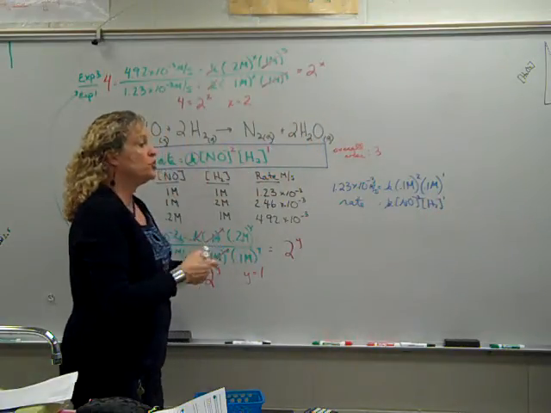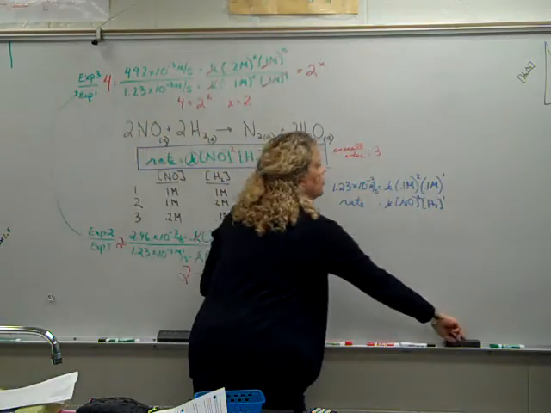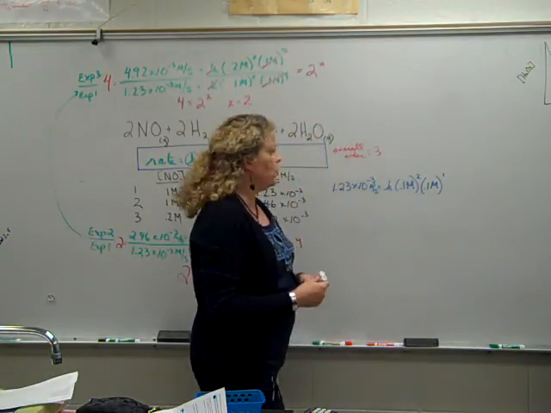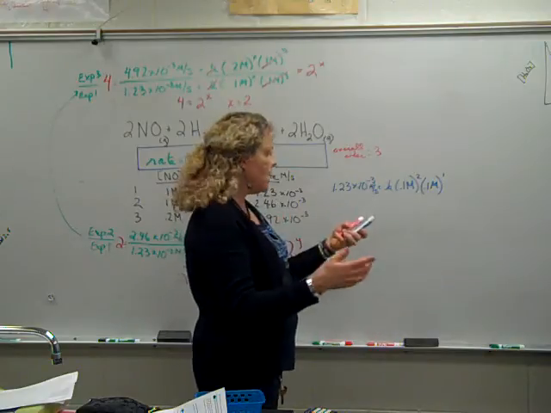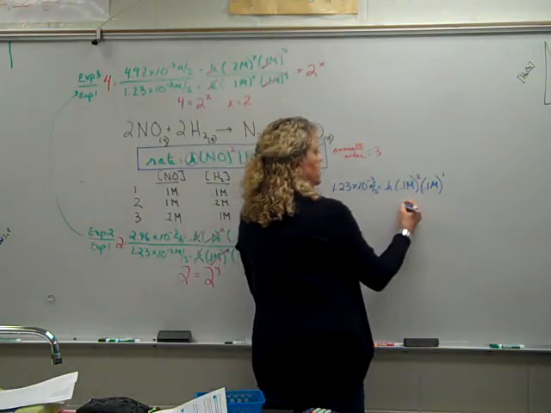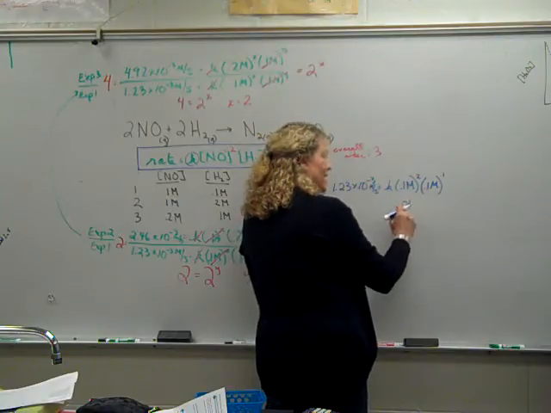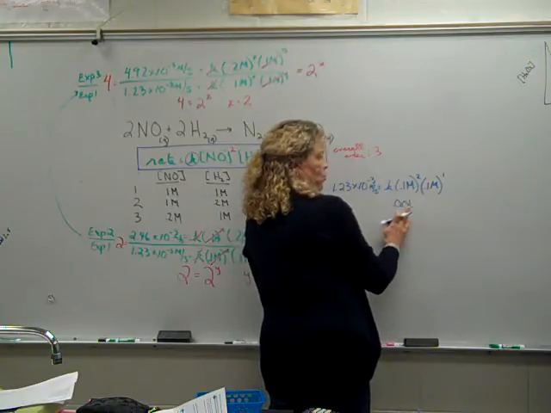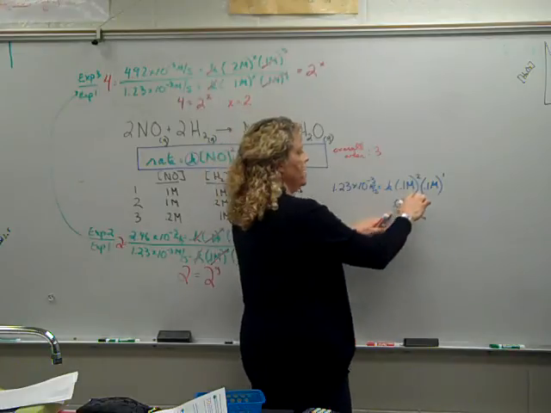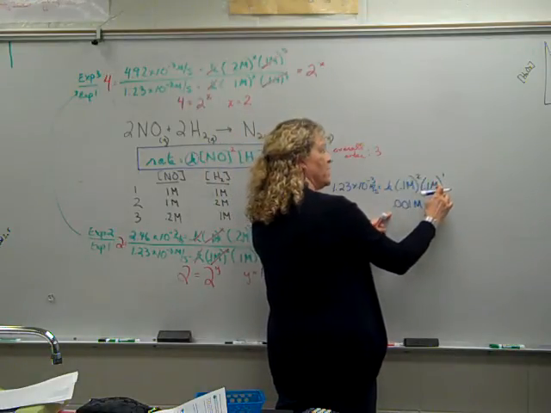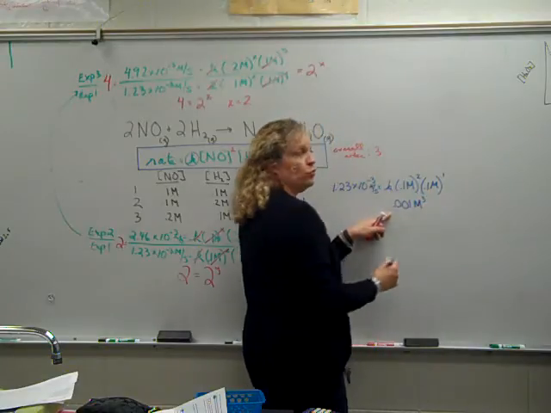So now I'm just going to solve for K. I'm going to go ahead and erase this so I have room. And be careful, 0.1 times 0.1 is 0.01, times 0.1 again is 0.001, and then you have a molarity squared times a molarity again, a molarity cubed.